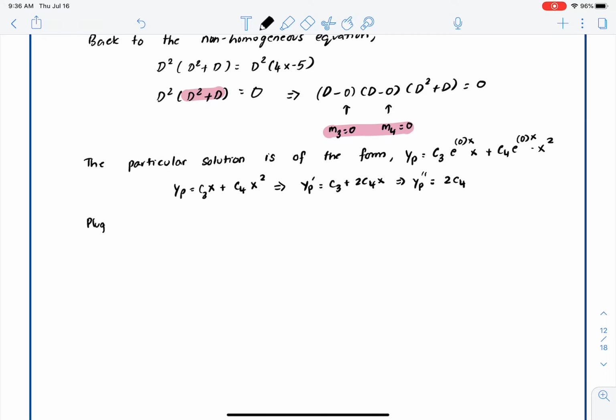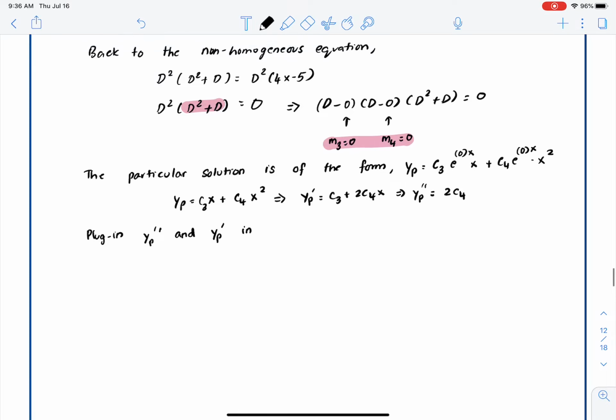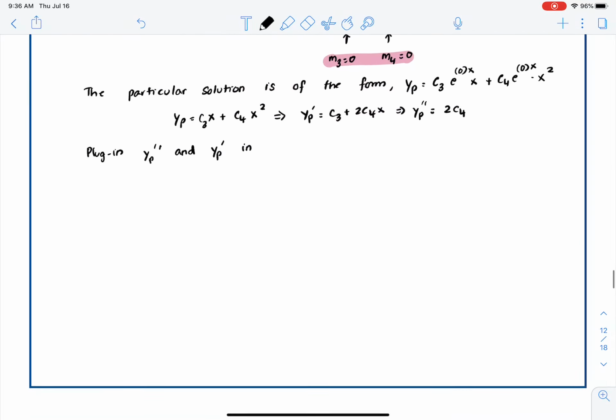We plug in yp double prime and yp prime in the given differential equation, which is yp double prime plus yp prime equals 4x minus 5.